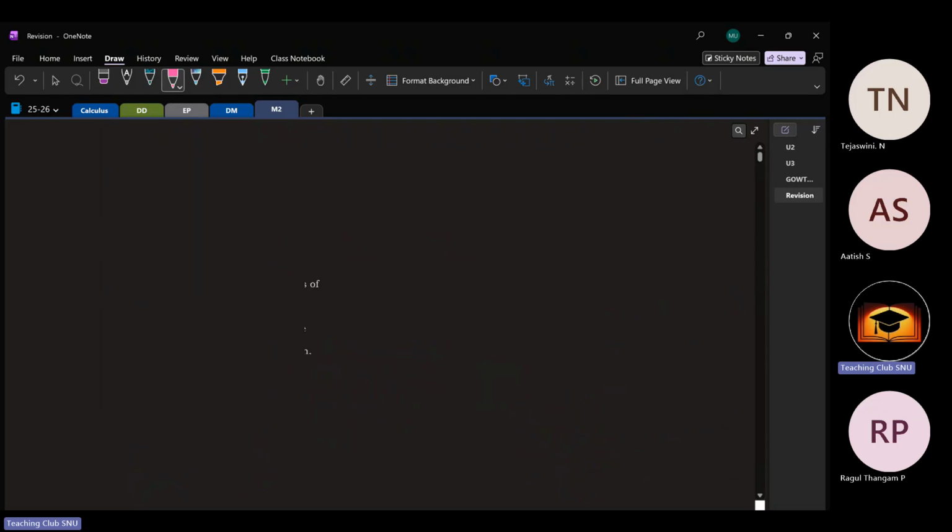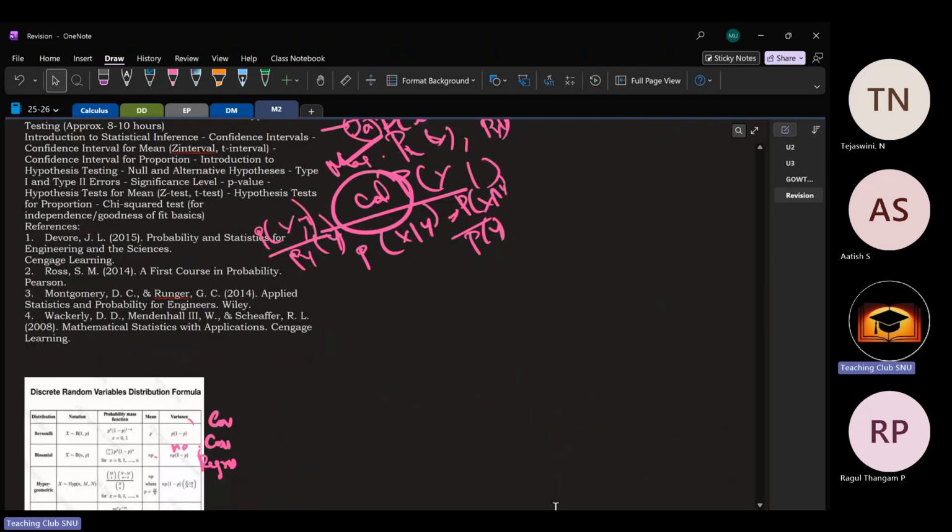Okay. I'll quickly open my PDFs also. So till this point, any doubts, guys? Is it all clear till now? Just give quick thumbs up, please. Quick thumbs up.